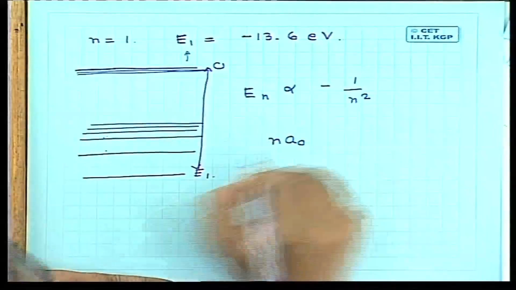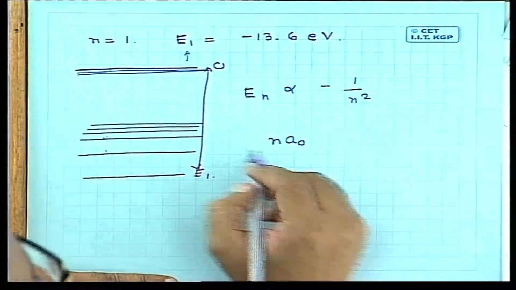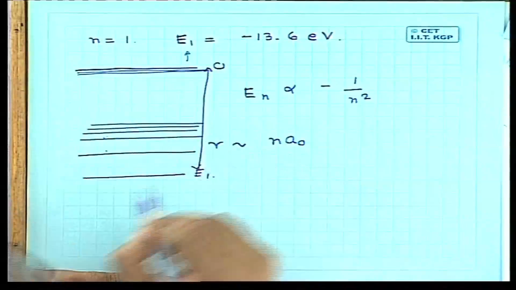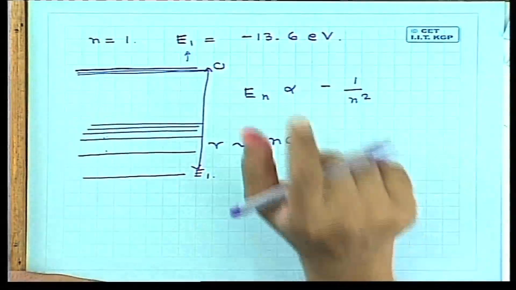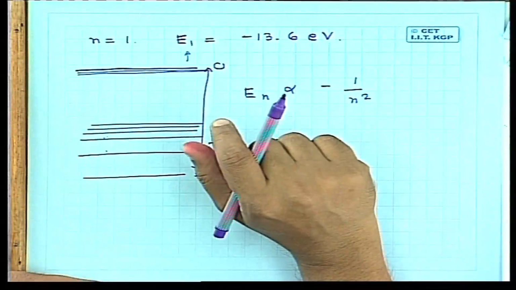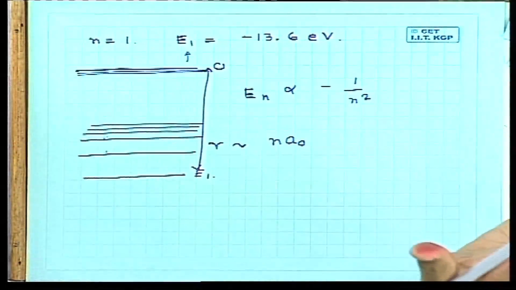And for very large values of n, the size of the hydrogen atom is of the order of n squared into a naught, is what we saw, right? Something like this. This is the size. So as you go to higher and higher energy levels, the size of the hydrogen atom gets larger and larger. Now the hydrogen atoms, if you have on Earth, they will have some density.